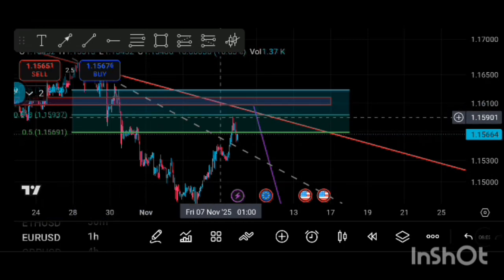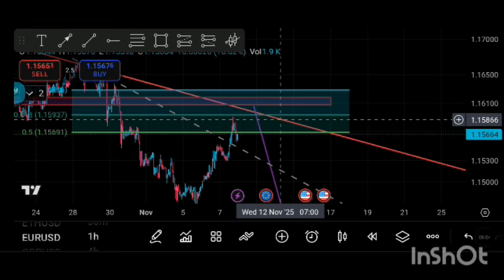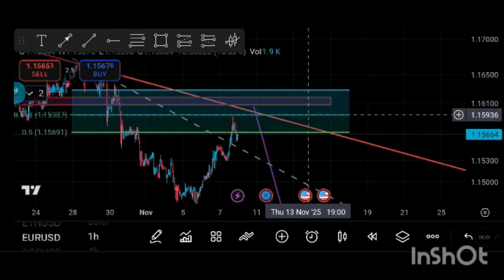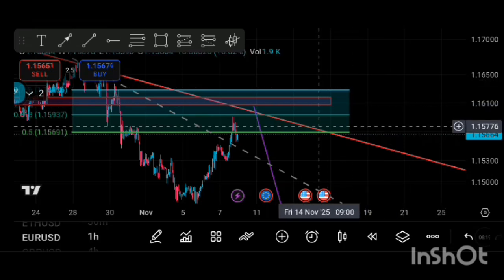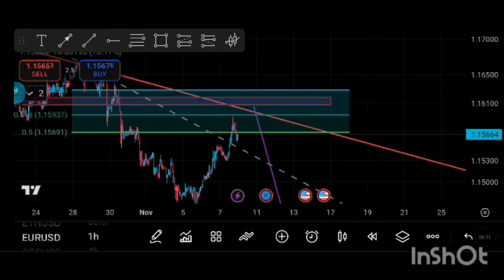This is a very nice zone where price tends to reverse. Understand? So possibly I'm going to look for nice entries on the lower time frames, with stop loss at a reasonable area. You understand? Price is unpredictable. I cannot predict every single move, and my prediction cannot be 100% correct.